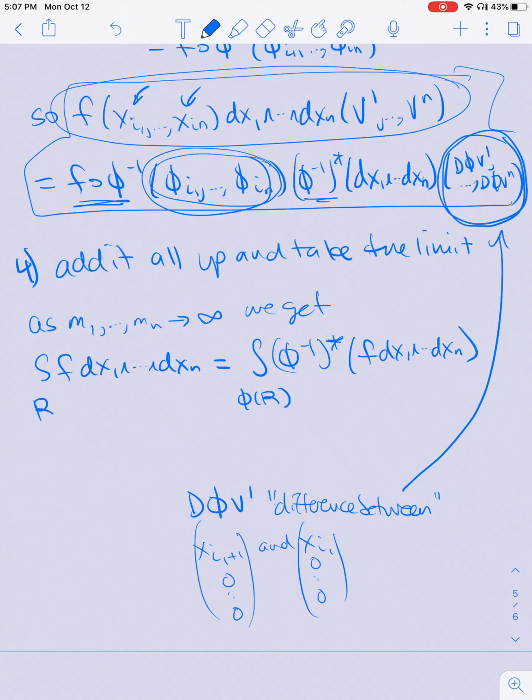But remember, this is a vector, so this is again at the point phi I1 through phi IN. Okay, so we've gotten what we wanted.